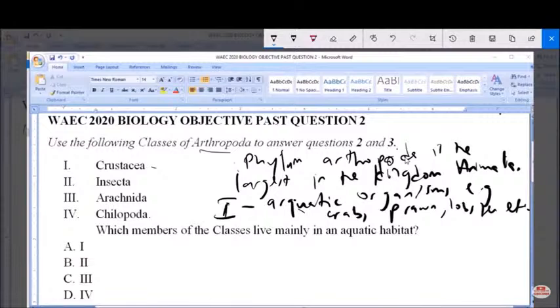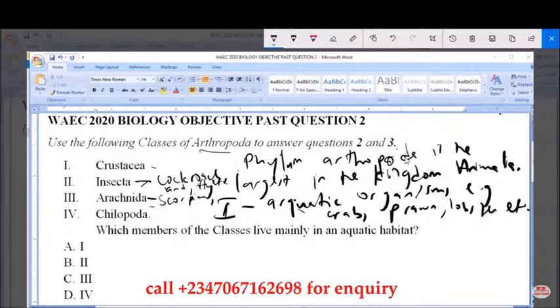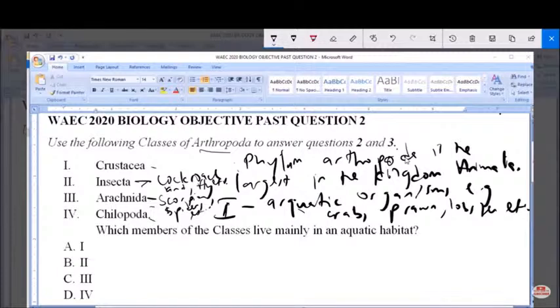Now the class Insecta is the second here, and it is made up of insects, for example cockroach, ant, housefly, etc. And then 3, Arachnida, is made up of the scorpions, the spiders, etc. And then the Chilopoda is made up of the centipedes.